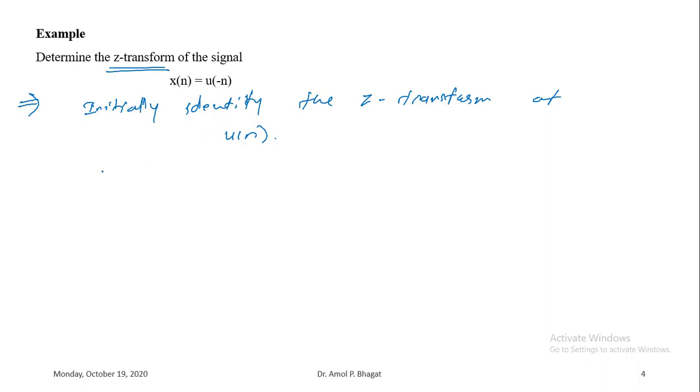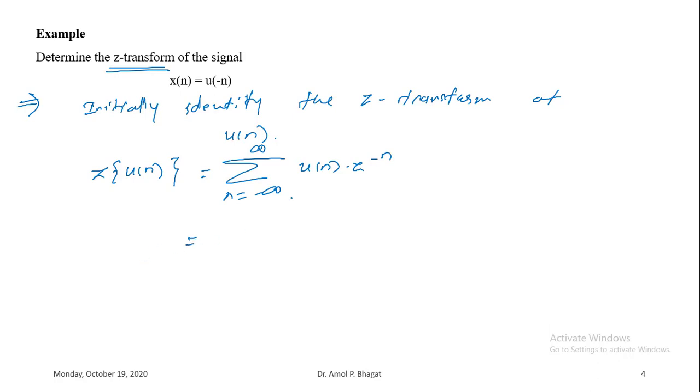So the z transform of u of n can be simply represented as summation n equals minus infinity to infinity x of n into z to the power minus n. In place of x of n there is u of n into z to the power minus n.